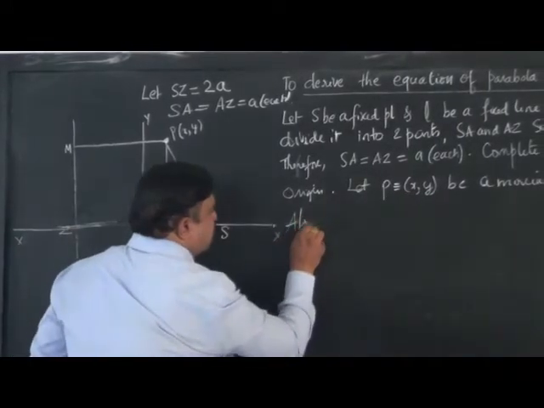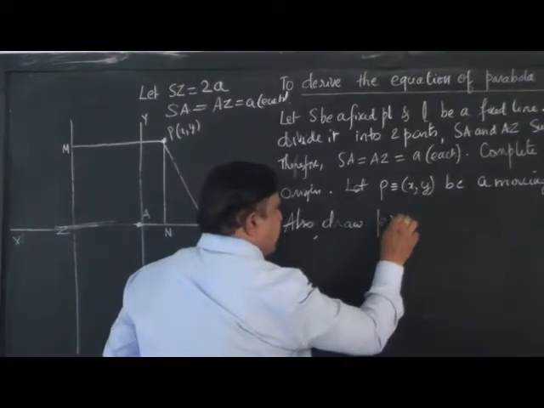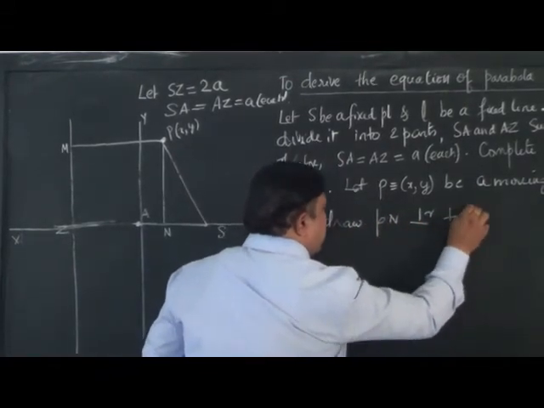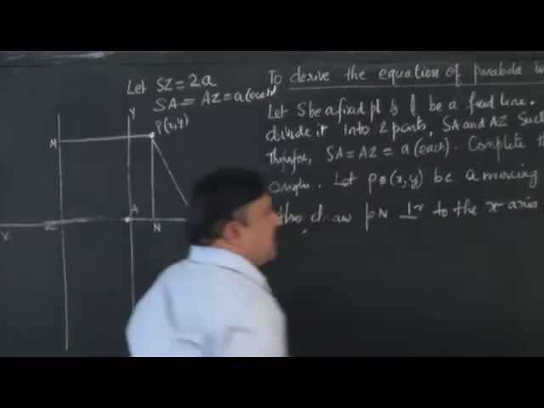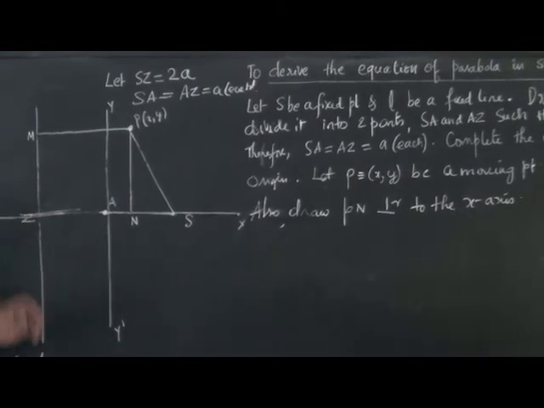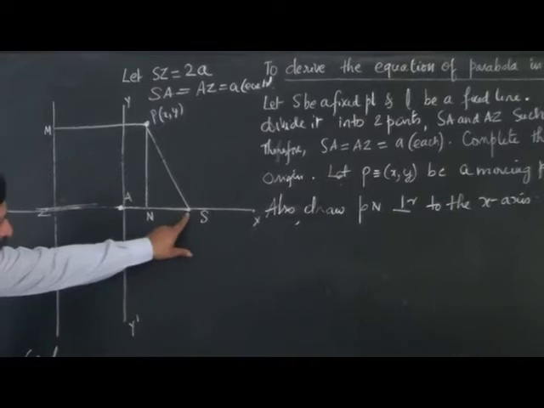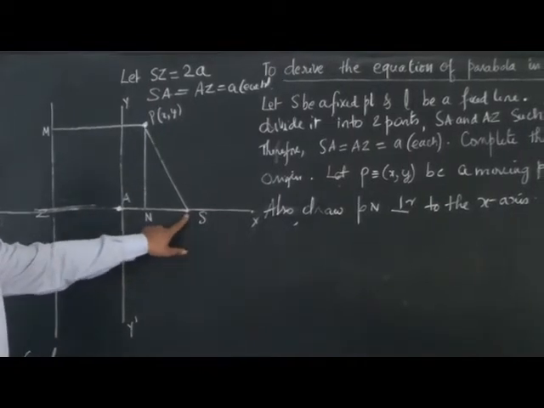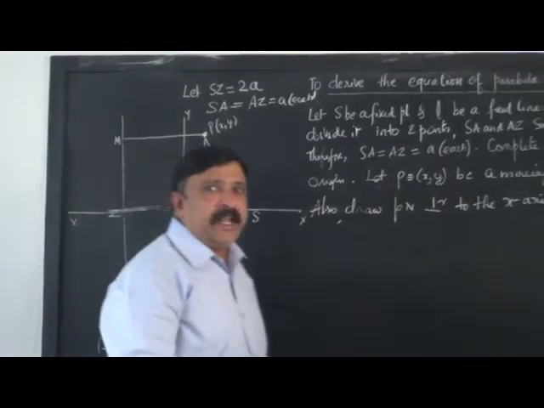Also draw PN perpendicular to the x-axis. So this is all about the construction part of the derivation. And note that we have started writing this diagram from the point S. Okay. Now let's look into the derivation part.